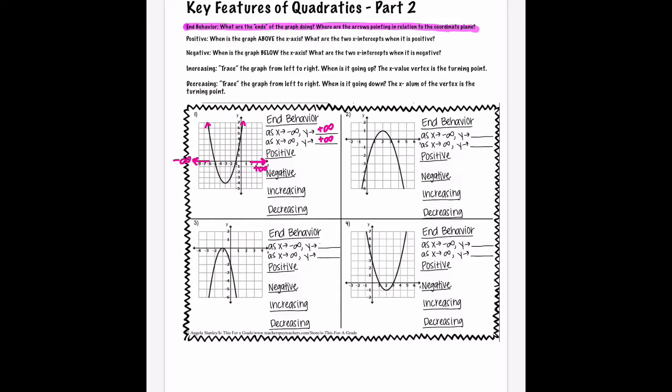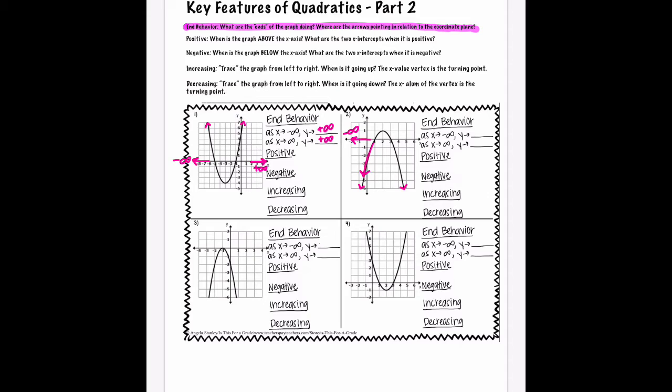So we're going to continue this process for examples 2, 3, and 4. For example 2, we want to locate the ends of the graph. So there's an arrow and there's an arrow. Remember that as you move to the left, or x going to negative infinity, we want to look at what y is doing.